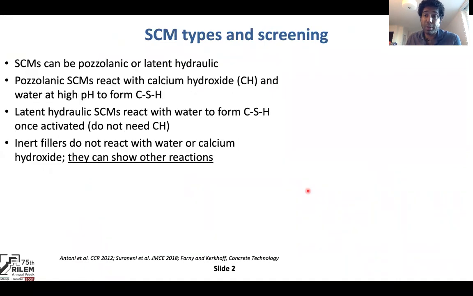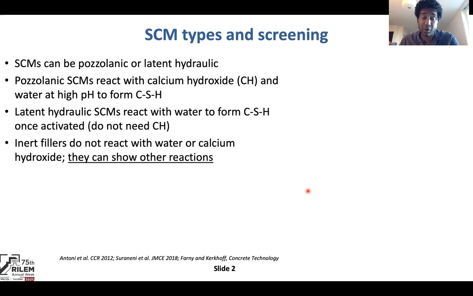Before we talk about how we actually do the screening, just a little bit of background on these SCMs. They can be pozzolanic, latent hydraulic, or inert, which is typically not counted as a supplementary cementitious material. Fly ash, for example, is a pozzolanic material which reacts with calcium hydroxide and water at high pH to form CSH.